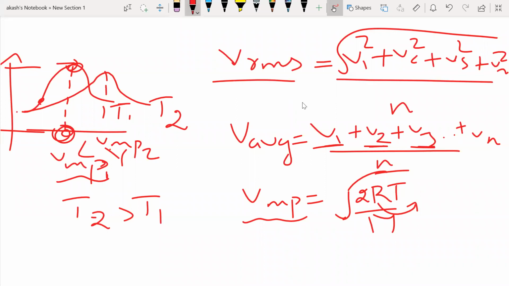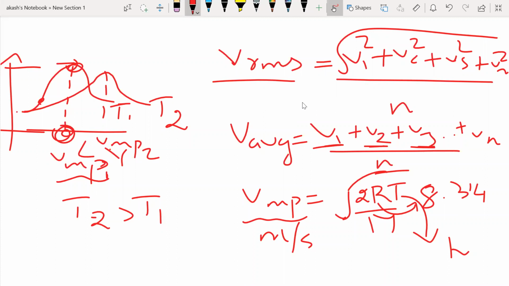I want the velocity in meters per second, so I use SI units, and I have to go for 8.314, and T should be in Kelvin.